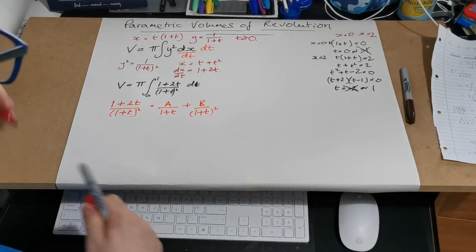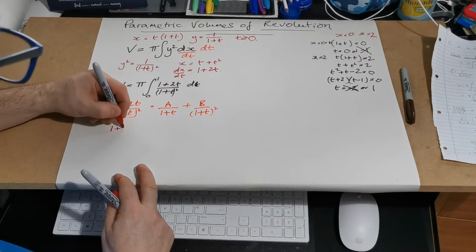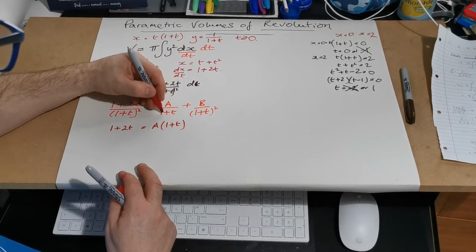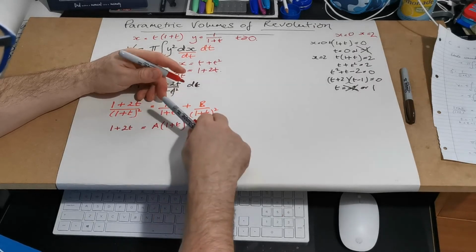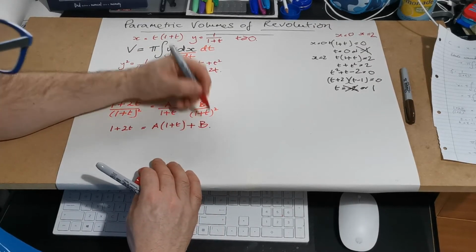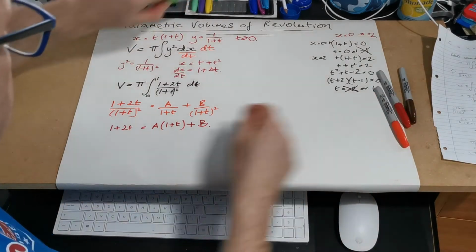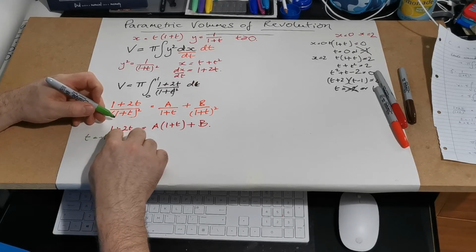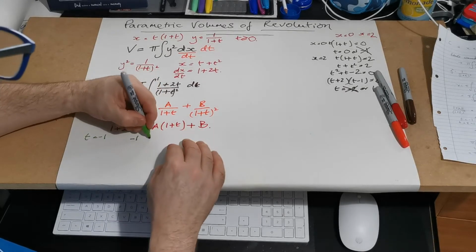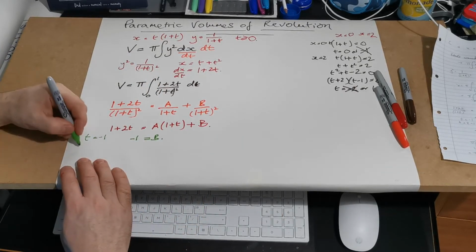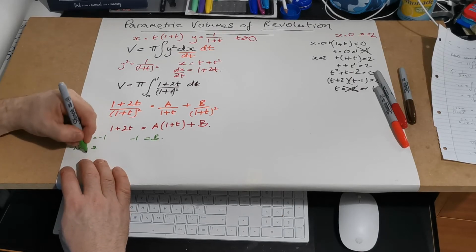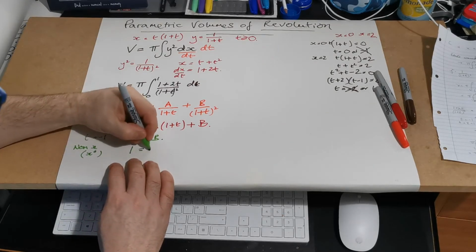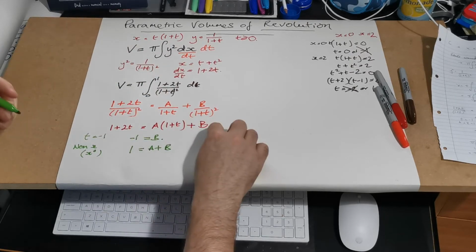If I was aiming to get a common denominator throughout, I would say that 1 plus 2t would be equal to A times (1 plus t), multiplying this one top and bottom by 1 plus t, plus B. So if t equals minus 1, on this side 1 minus 2 is minus 1, and on this side I would have B. If I was just to look at the constant terms, the t to the power of 0 terms, I would have 1 on this side equals A plus B on that side.